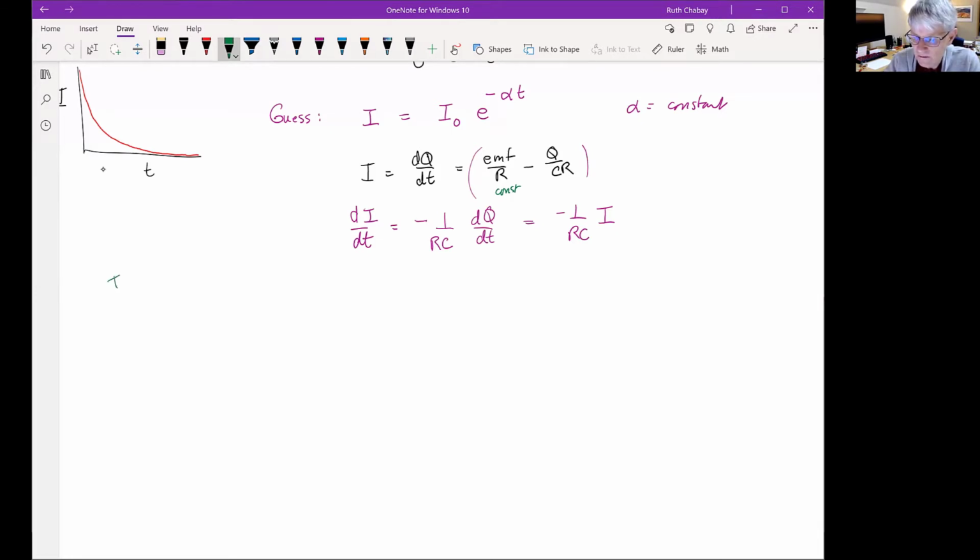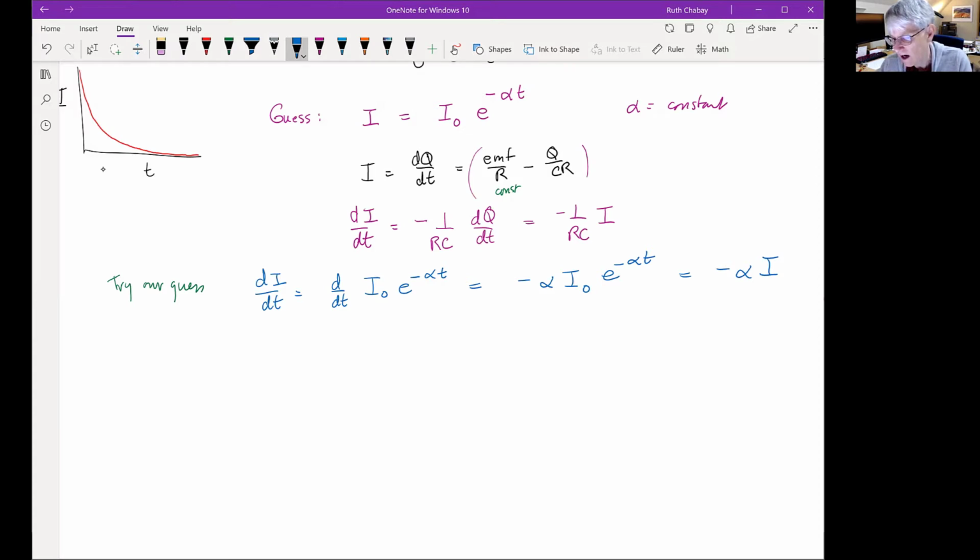So let's try our guess. We have di dt equals d dt of I0 e to the minus alpha t, which is equal to minus alpha I0 e to the minus alpha t, which is equal to minus alpha times I. So we've ended up with minus 1 over RC times current is equal to minus alpha times current, and that's true if alpha equals 1 over the resistance times the capacitance.